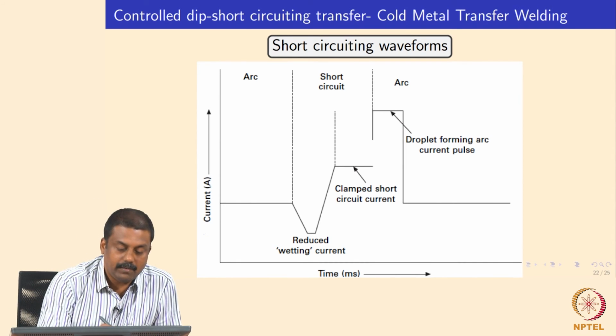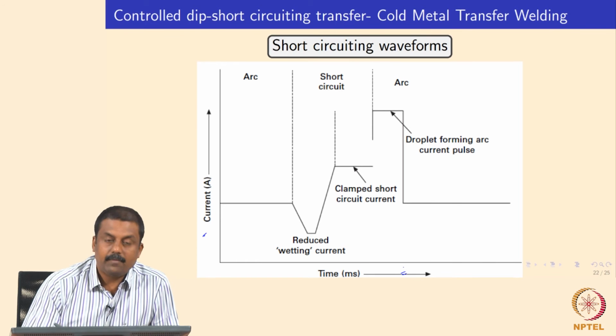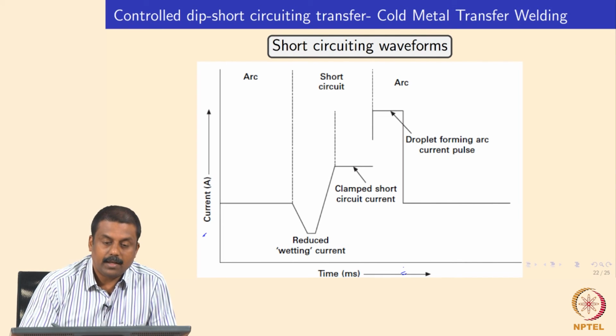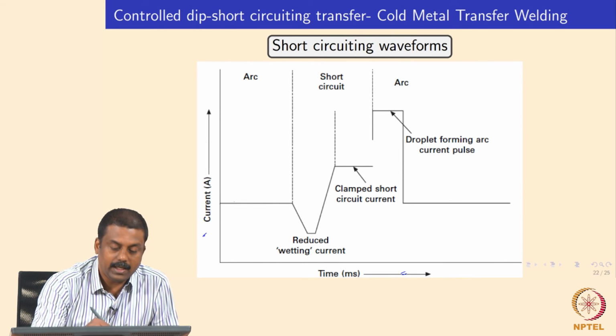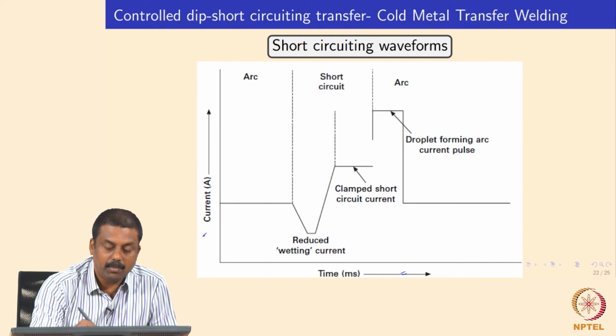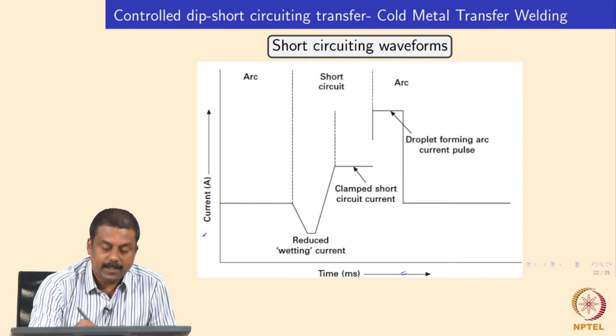this graph, where we have current and then time. For example, in a controlled current short circuiting, we have the arcing current which forms an arc, and the moment the droplet is formed at the tip, the welding electrode is moved towards the workpiece.